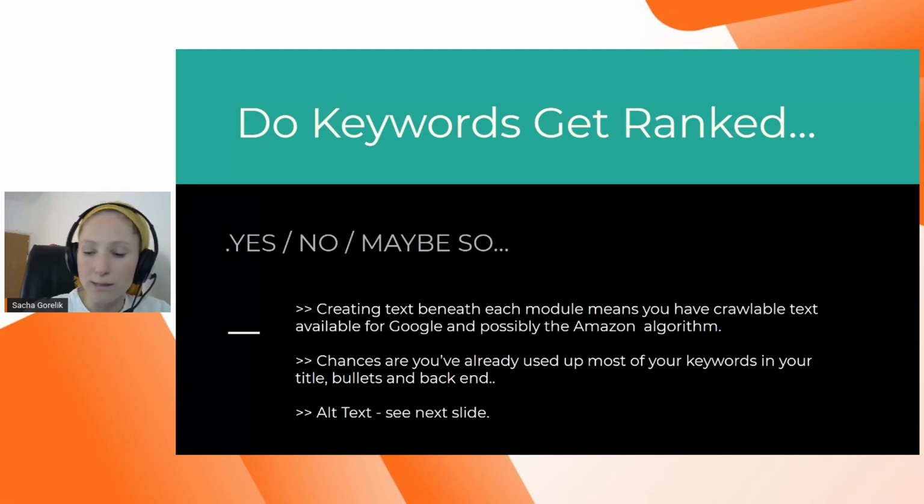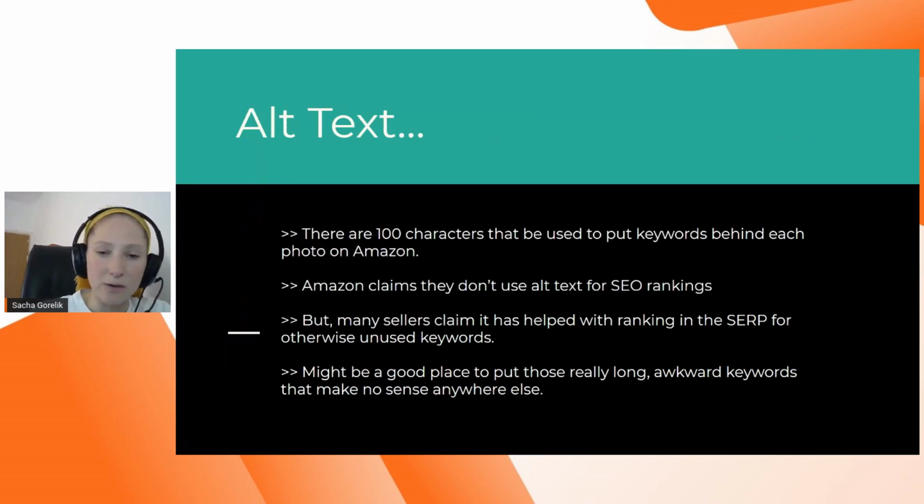But what is shown, although Amazon claims they don't use alt text for SEO rankings, is that sellers are claiming that it is helping them show up in the search engine results page for otherwise unused keywords in their listing. So there's actually 100 characters that can be used behind each photo on Amazon, which is quite a lot of space, and you can definitely put lots of keywords there if you want.